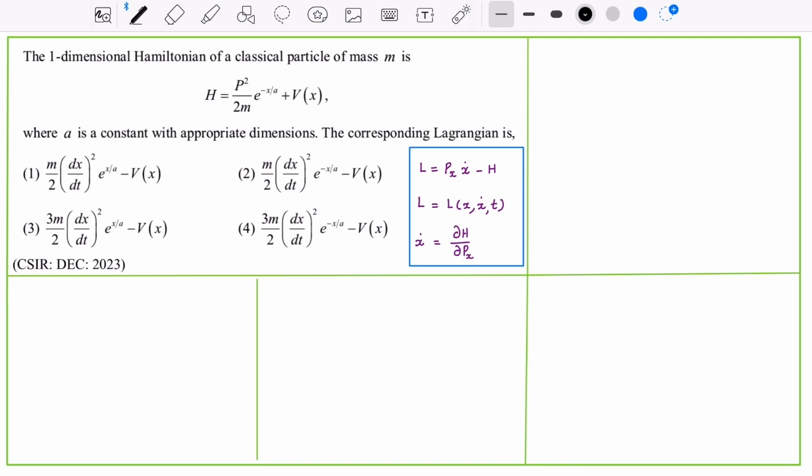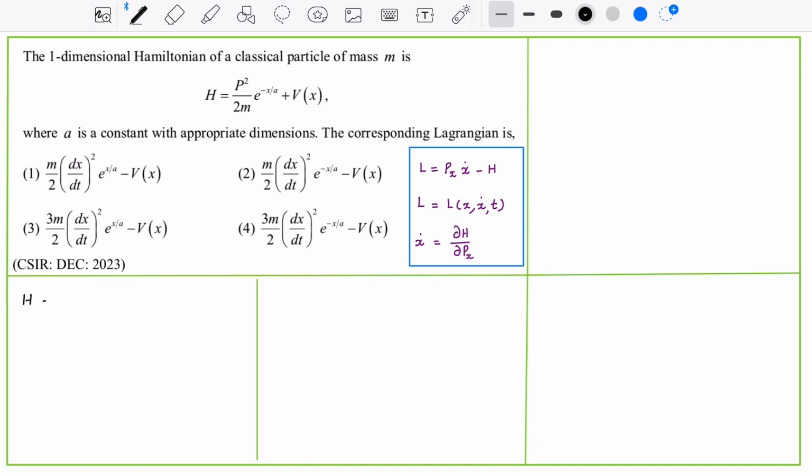In the present problem, we have to find out the Lagrangian. In the question, the Hamiltonian is given. We have the relation connecting the Lagrangian and Hamiltonian: L is equal to p_x x dot minus H, where H is the Hamiltonian.